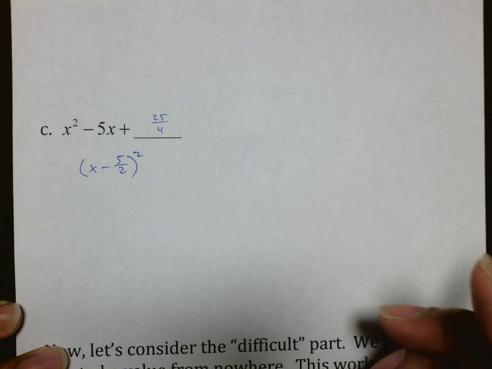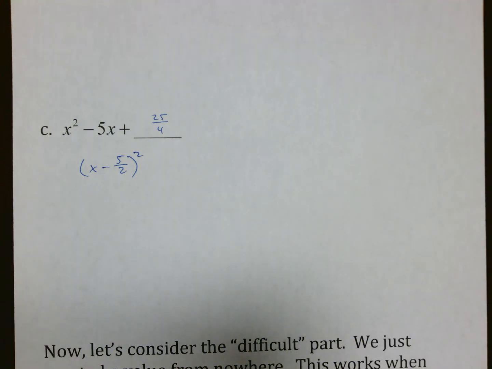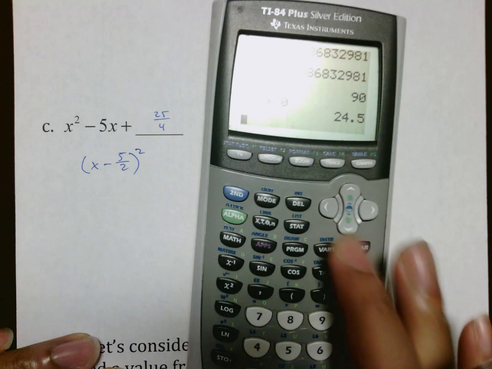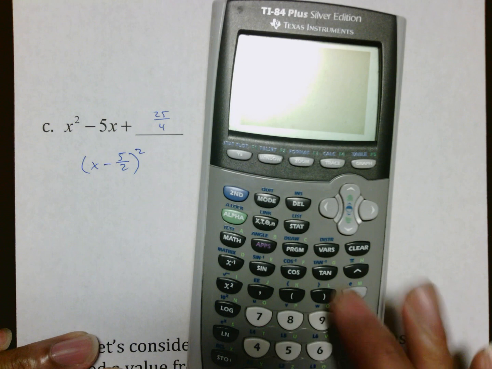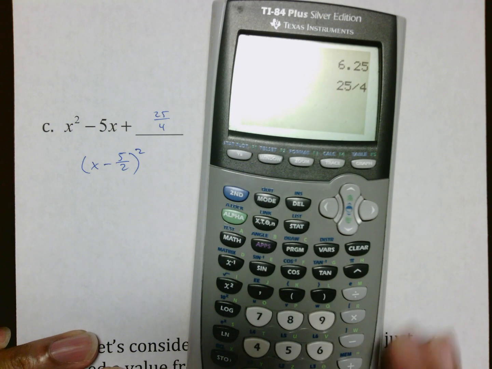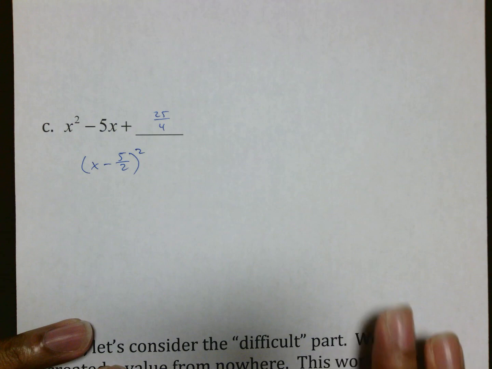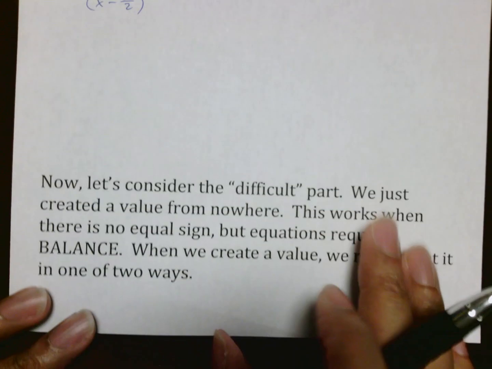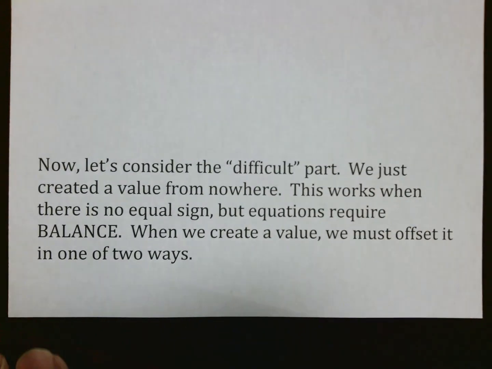That would be where we are. Let me make sure, I didn't really work these out. 5 halves squared, yep, 25 over 4. I just want to make sure I didn't make any silly mistakes because I really didn't work this out in my head yet, and I just made these up.